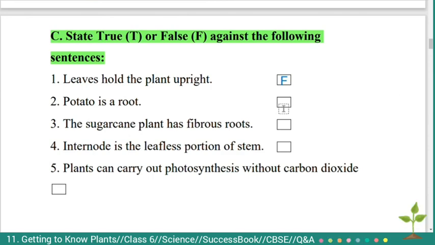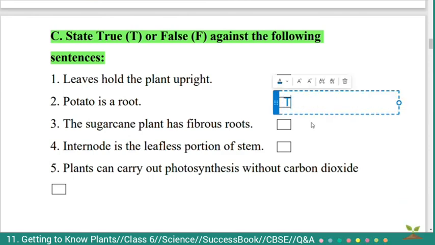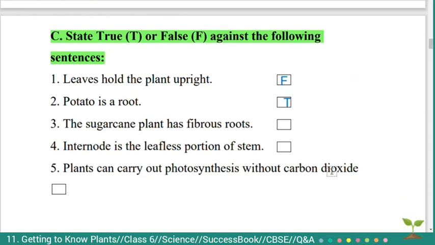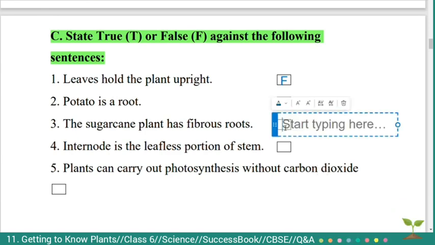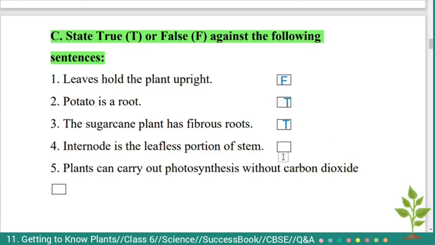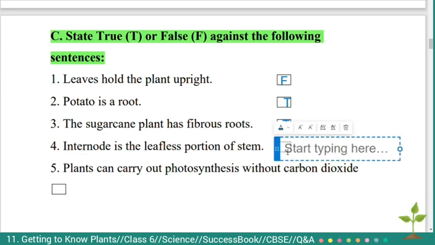Second, potato is a root. True. Third, the sugarcane plant has fibrous roots. True. Fourth one, internode is the leafless portion of stem. This is also true.